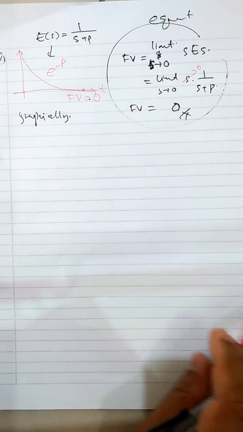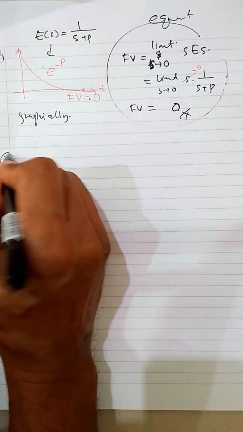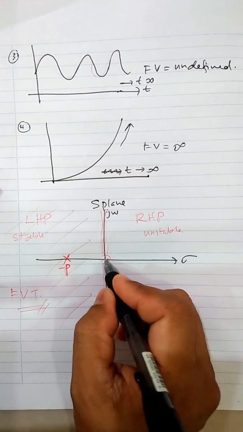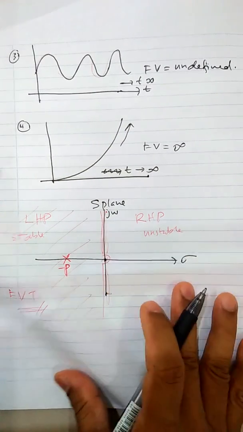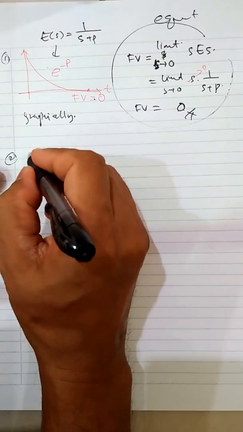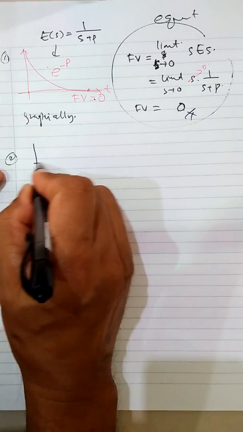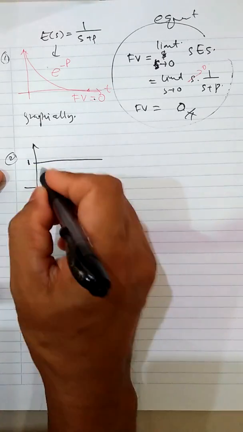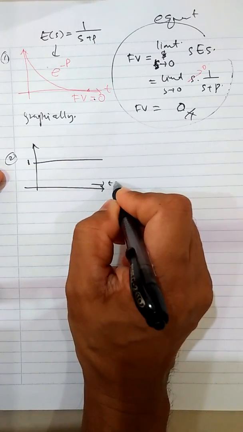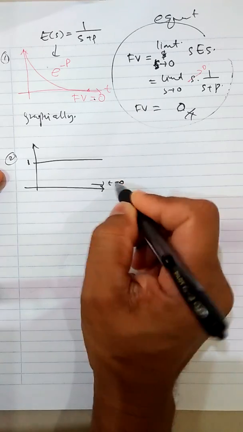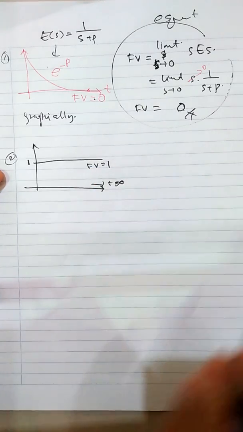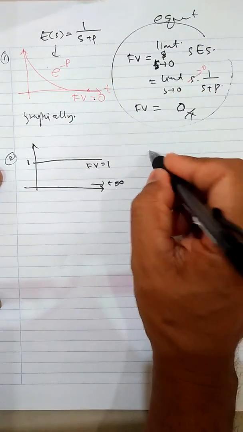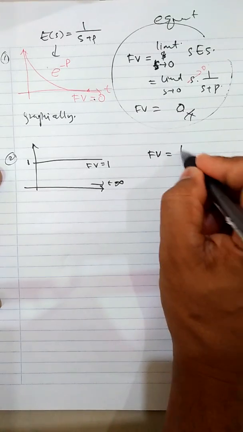Okay, for the second, let's say at the origin. At the origin, we know that the response is like this. So 1. That means when time approaching infinity, the final value is equal to 1 graphically. We can also do it mathematically. Final value equals limit s approaching 0 of s times F(s), where F(s) is 1 over s.